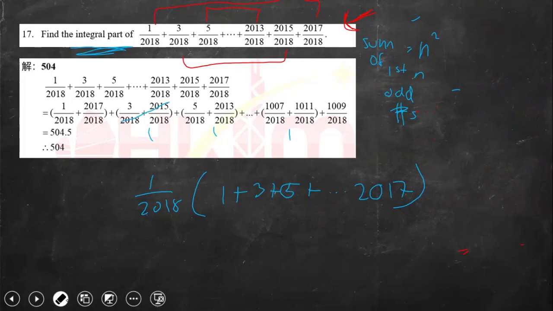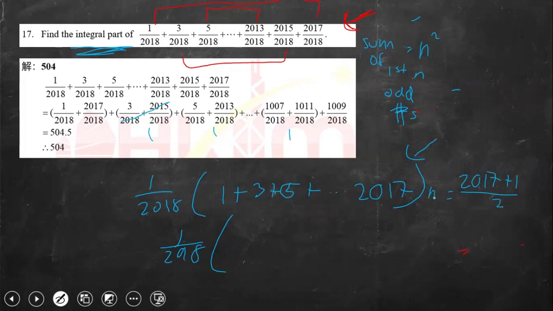Now, we're just adding the first 2017 odd numbers. Is that right? Yes, it is. How many terms n do we have? It's going to be 2017 plus 1 over 2.